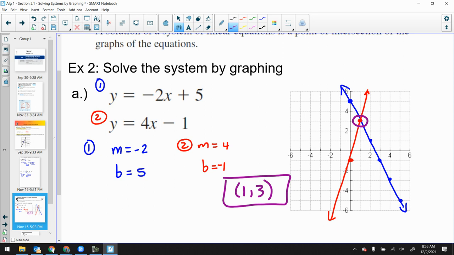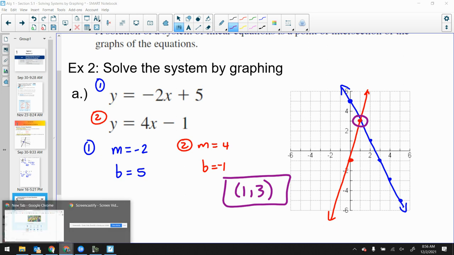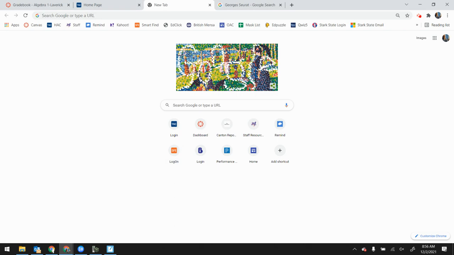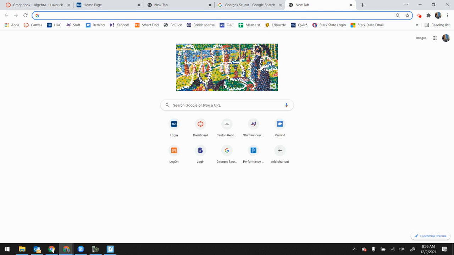I actually give you that option when I give you the assignments we do in the Big Ideas website. There's a little button there for the Desmos calculator. But I would just suggest Googling it. If you just Google Desmos, it's pretty easy to find. So if I come over here and I say Desmos.